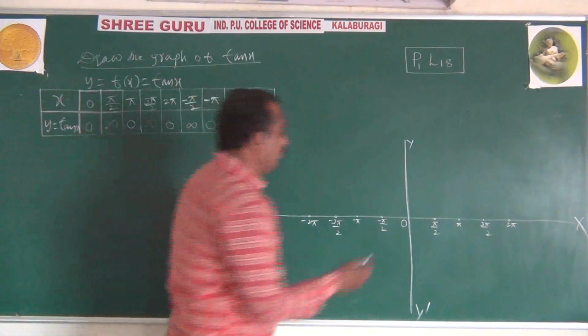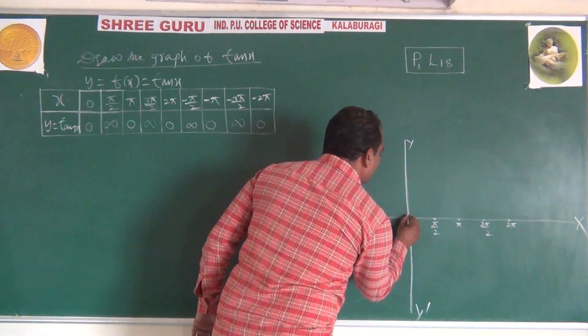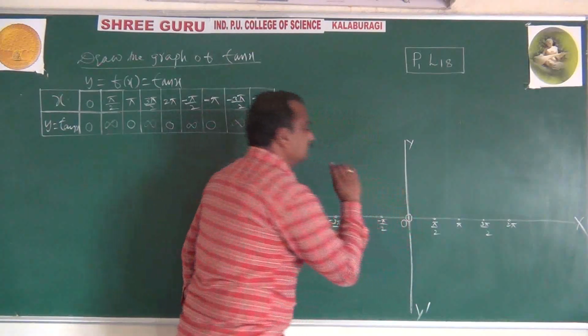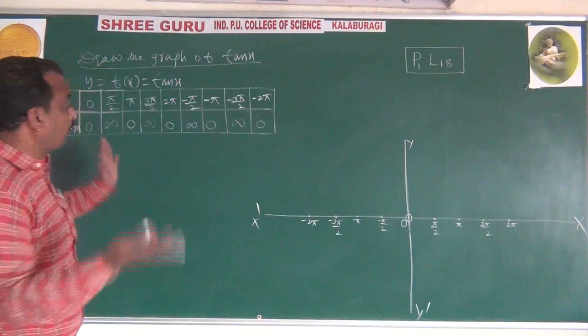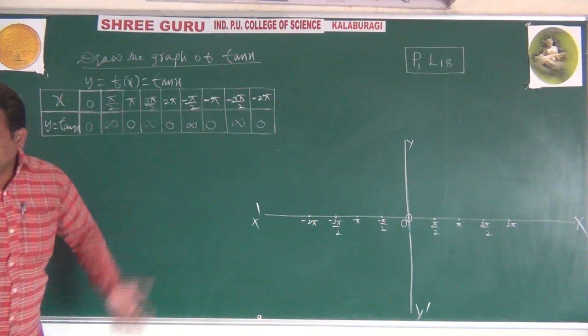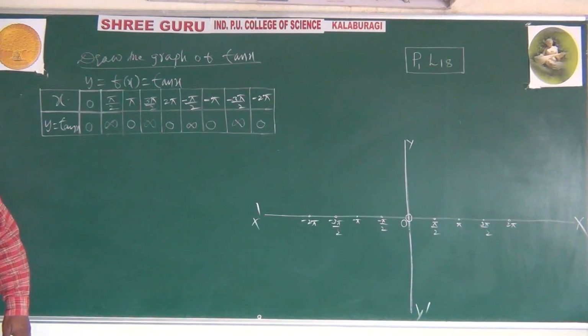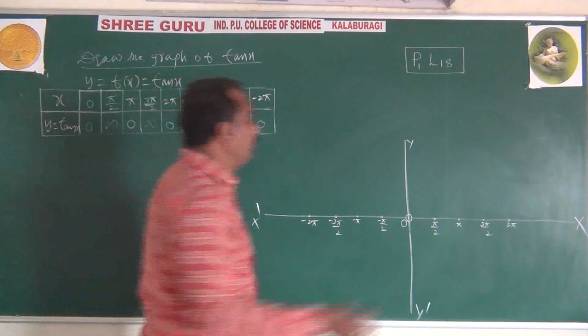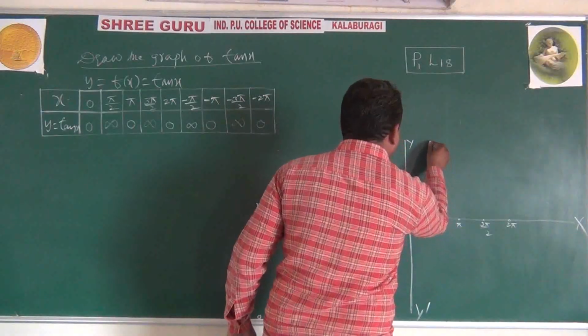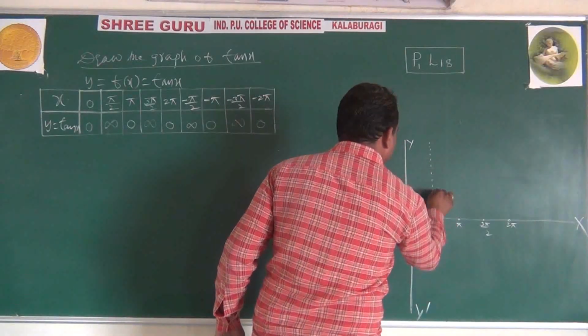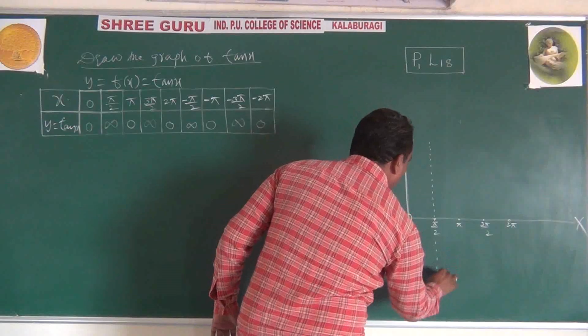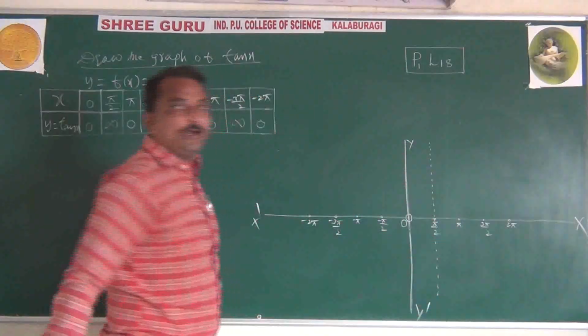Let us see. So tan 0 is 0, so the graph passes through the origin, but what type of graph, we don't know. At pi by 2 it is infinity. See, students, you don't know where that value stops. It is infinite.